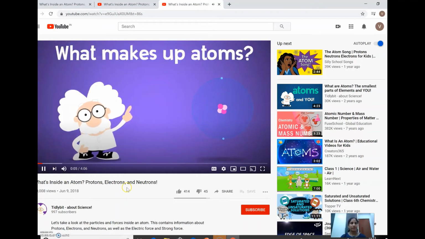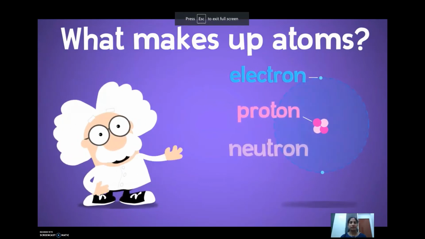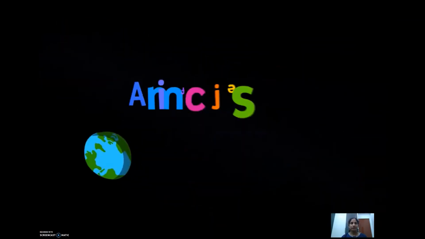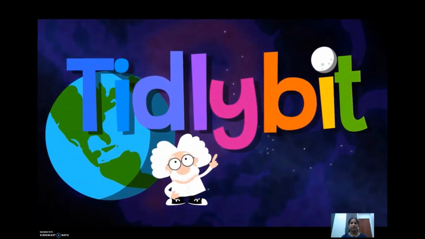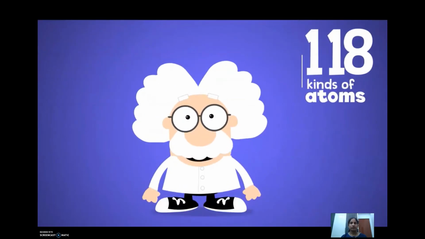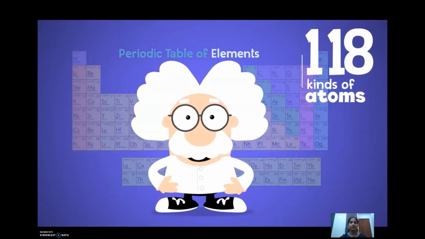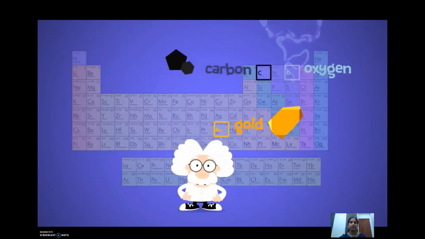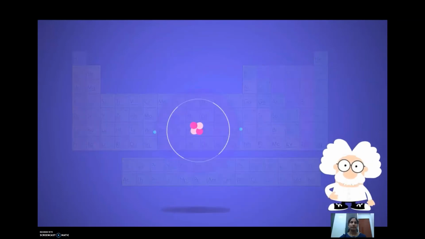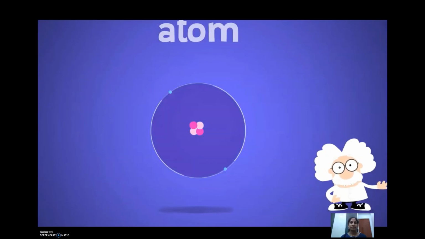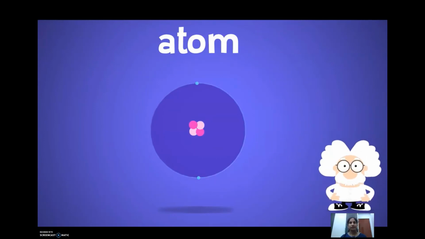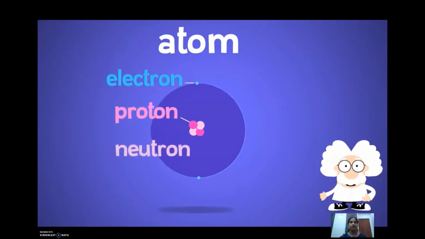Everything. But what makes up atoms? Protons, electrons, and neutrons. There are 118 different kinds of atoms, which are each the smallest part of an element. If we observe elements like gold, carbon, and oxygen, we can see that they have very different properties that don't look or act the same. But why are they so different? Well, it comes down to what's inside their atoms. As you can see here, atoms are made of just 3 types of tiny particles called protons, electrons, and neutrons.